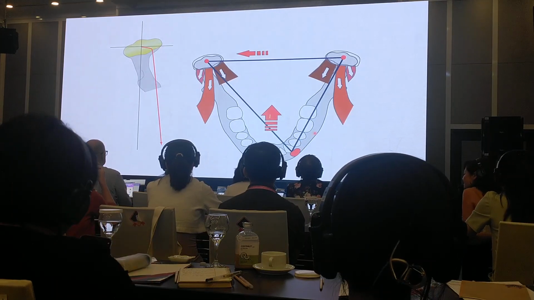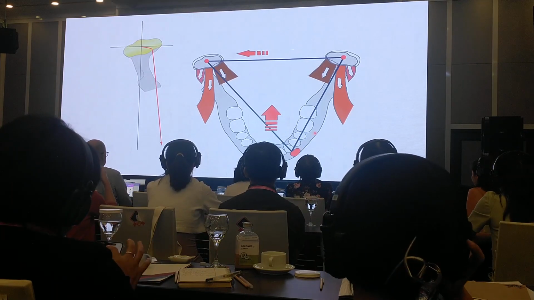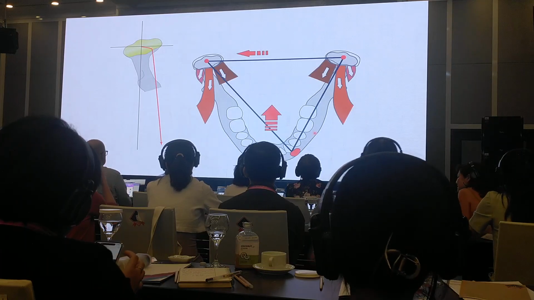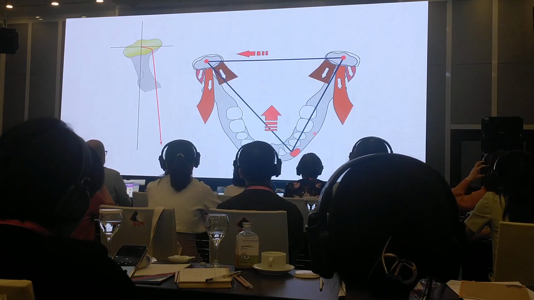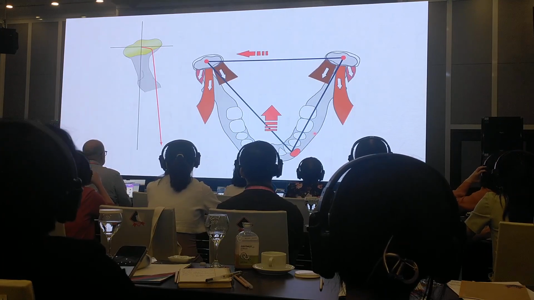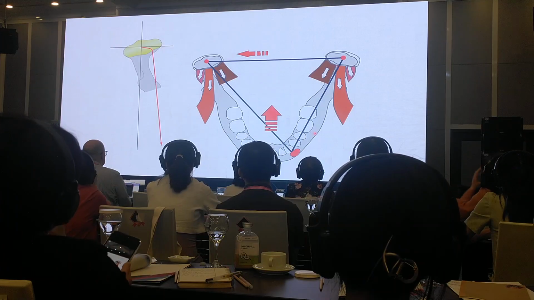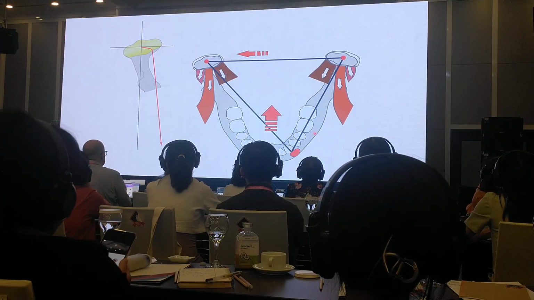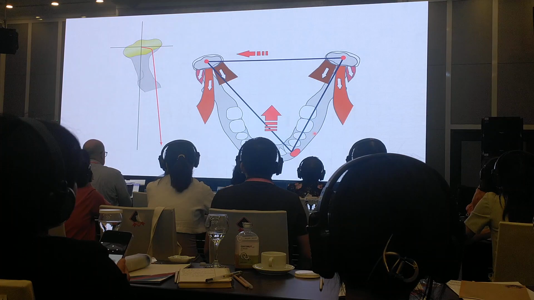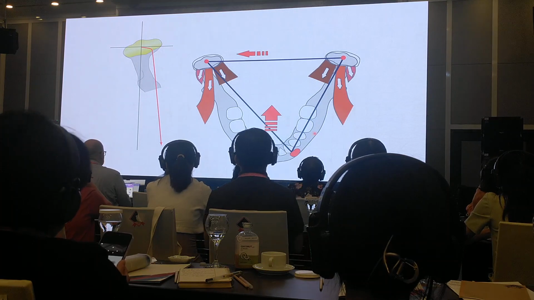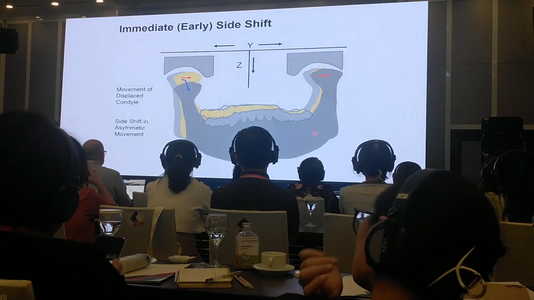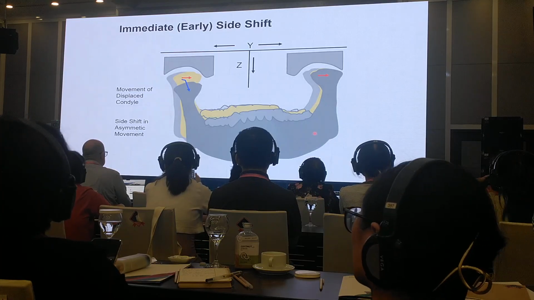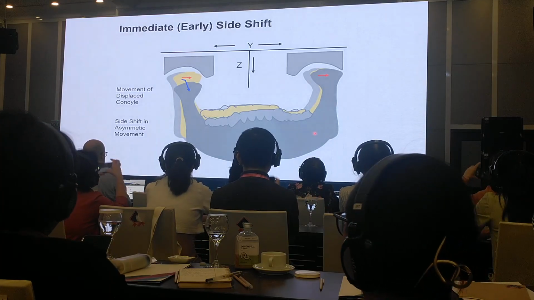The mandible goes back, but not only goes back, but also the condyle shifts laterally. Therefore, this kind of immediate side shift type of movement starts. Well, the condylograph shows very nicely; we can make a diagnosis through immediate side shift. This is a pathological movement.